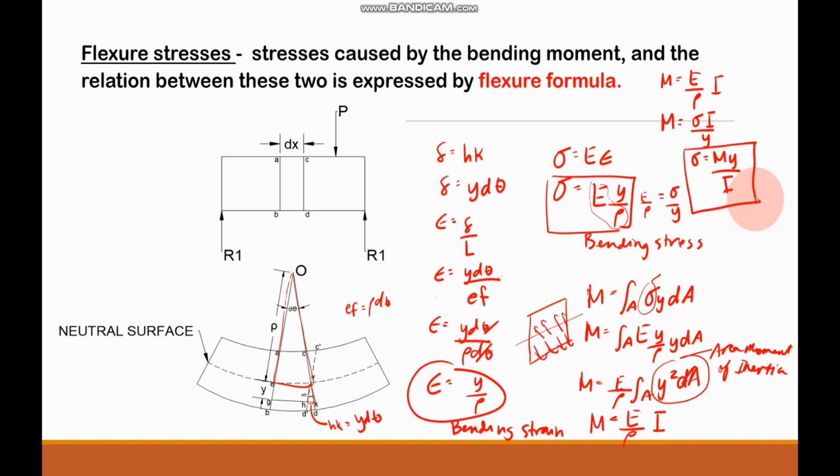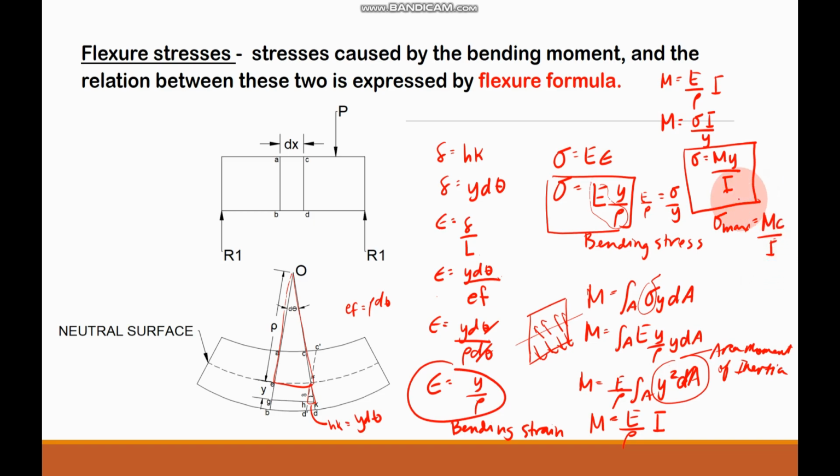So this is now the formula for our flexure stress, where the flexure stress is equal to the bending moment multiplied by distance y, or the distance from the neutral axis to a certain fiber, all over the moment of inertia. The maximum flexure stress can also be denoted as Mc all over I.